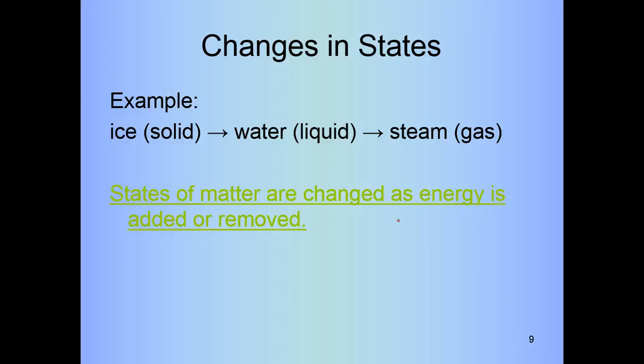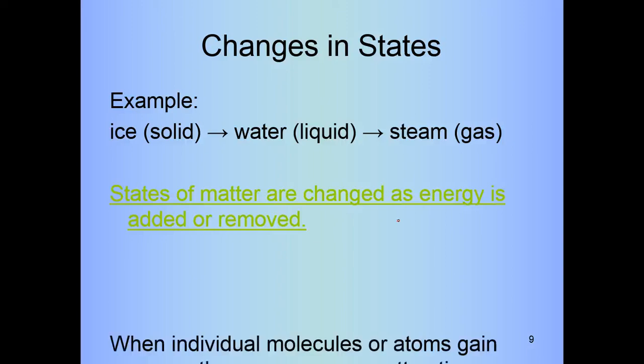In order to melt ice, there's got to be some heat being added to it. In order to freeze water, we've got to remove energy. If we want to boil water and turn it to a gas, we've got to add energy. Associating state of matter changes with energy changes is a very important thing to keep in mind as well.